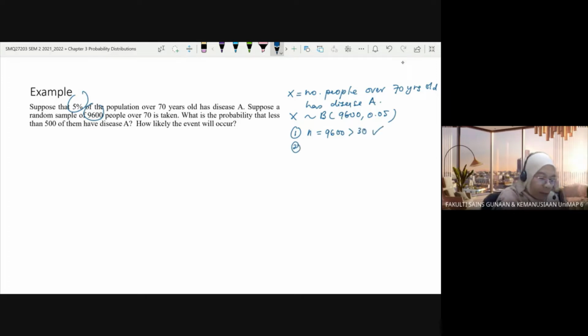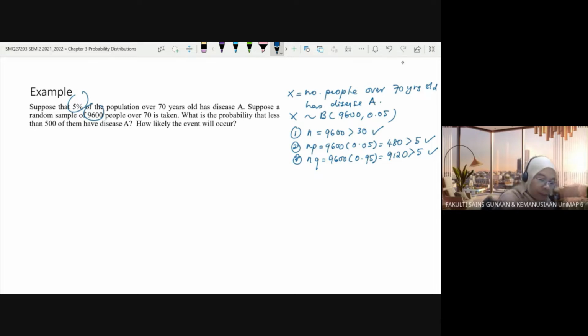The second is n times p, 9,600 multiplied by 0.05, which gives 480, greater than 5, also fulfilled. The third is nq, 9,600 multiplied by the probability of failure, 0.95, which gives 9,120. Again, it is greater than 5, and all the criteria are fulfilled.